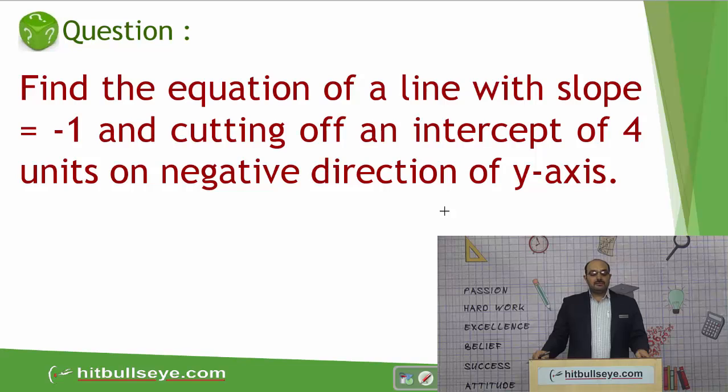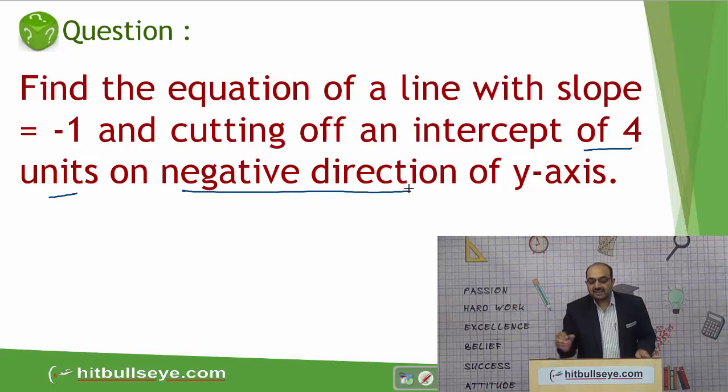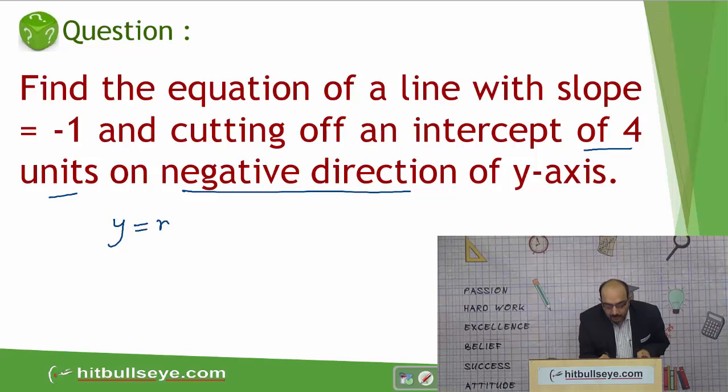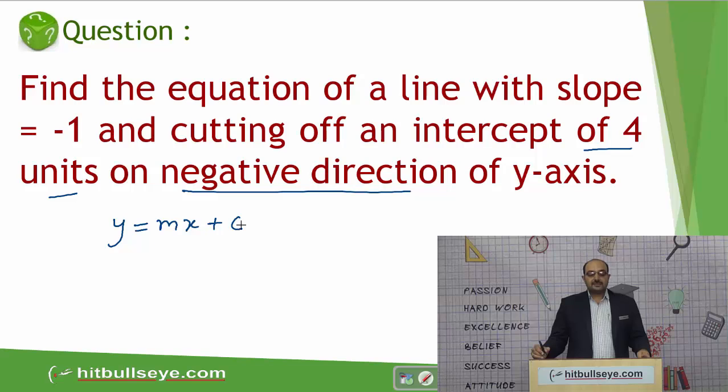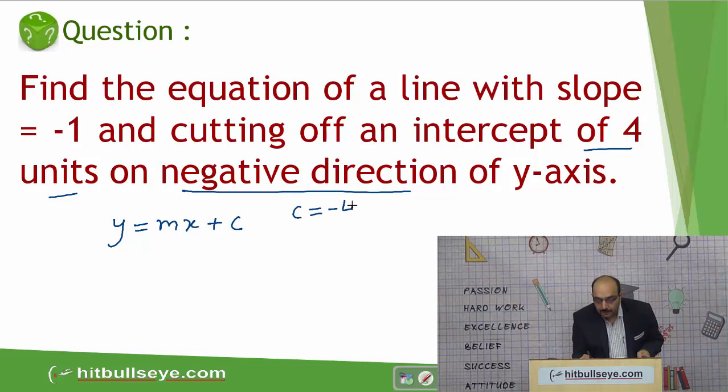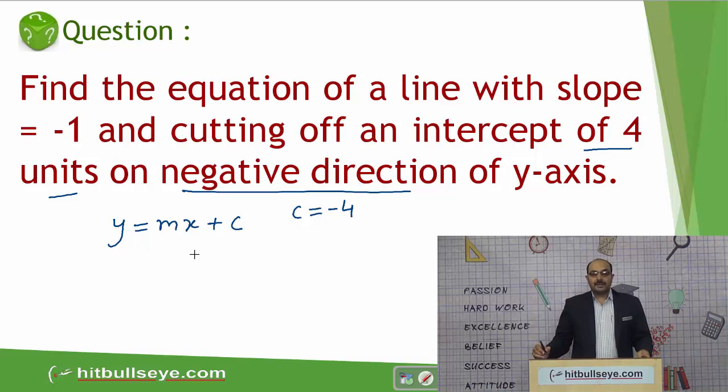Find the equation of a line with slope equal to -1 and cutting off an intercept of 4 units on negative direction of y-axis, which means we have this equation y equals mx plus c, where 4 units is the distance on negative direction, which means the value of c would be -4, and we have the value of m as -1.